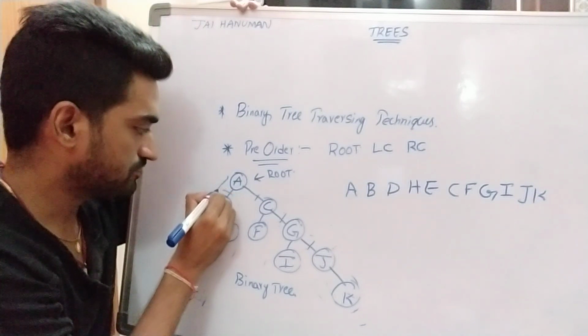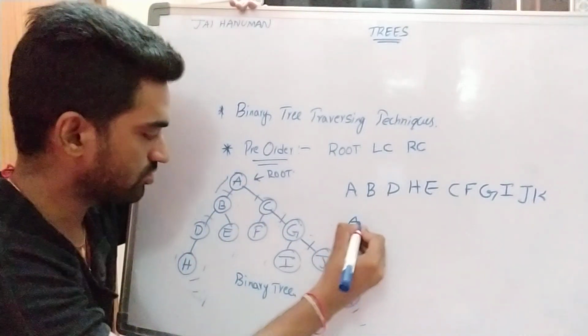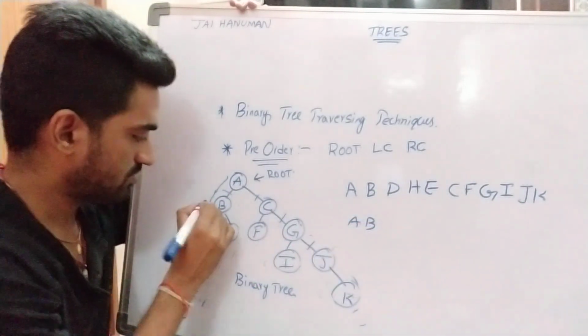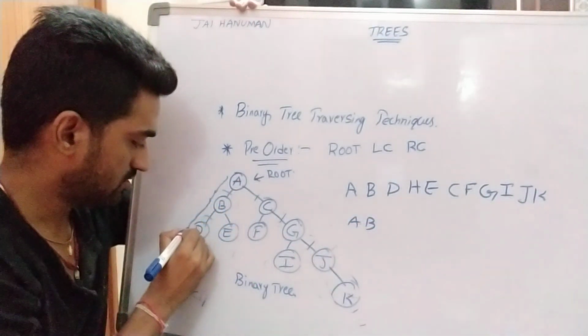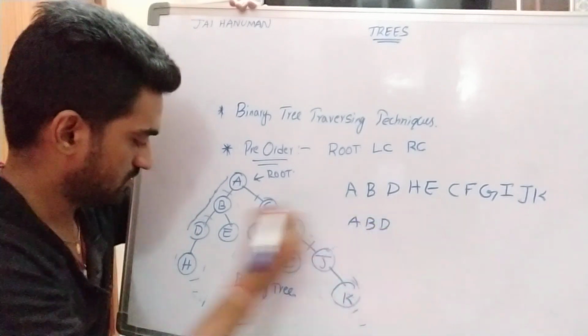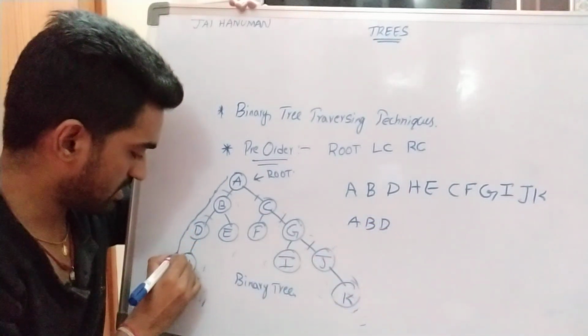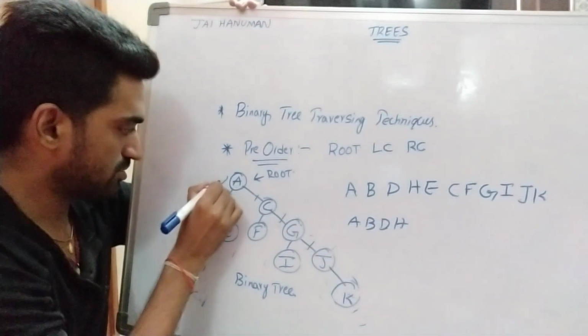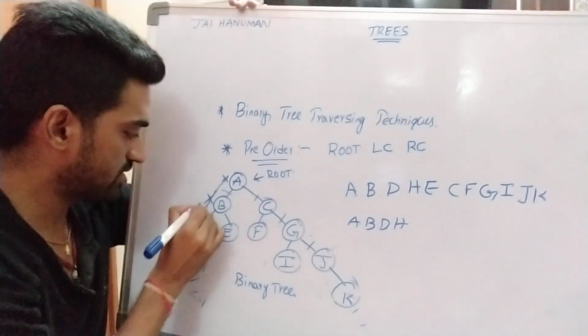So after visiting root A, then we are visiting B, right? Then we are visiting D, then we are visiting H, right? So this visiting is completed, this visiting is completed.